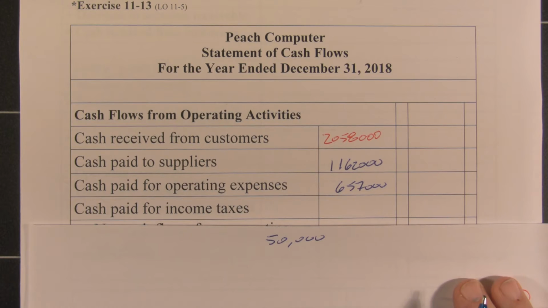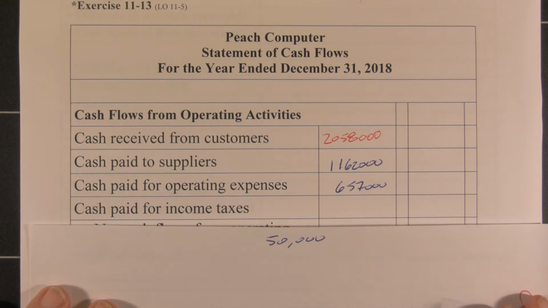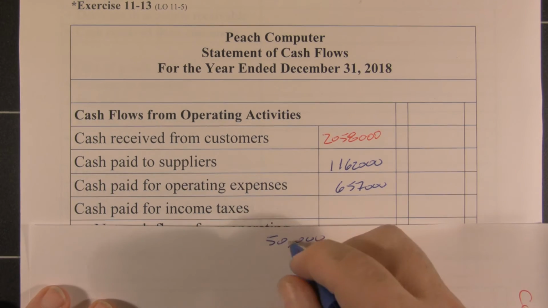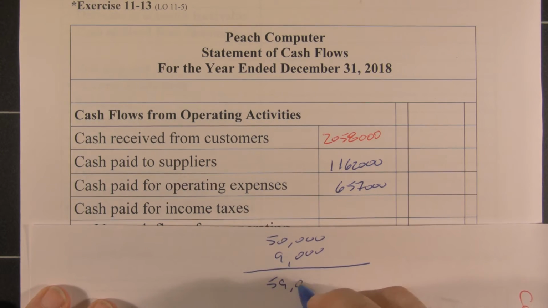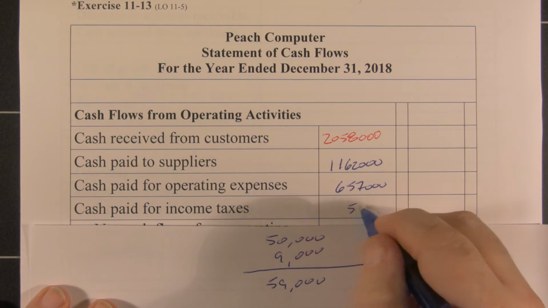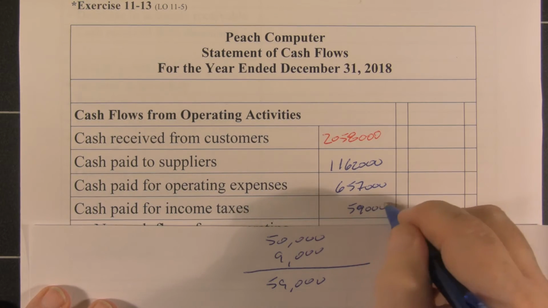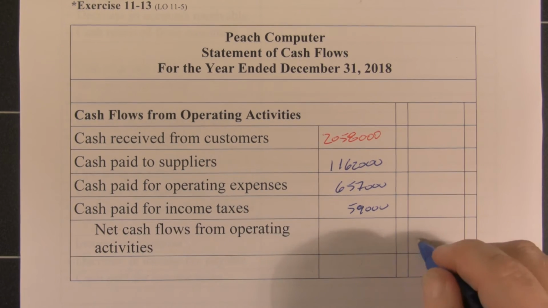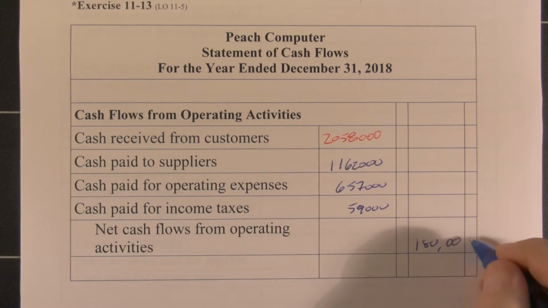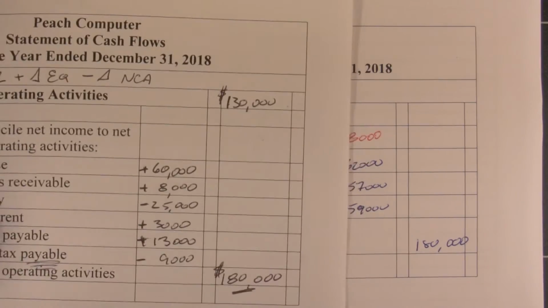And we also paid some of our tax payable, which went down. The only way tax payable goes down is if we paid it. So we spent $9,000 more in cash, and when you total those together, you come up with $59,000, which is exactly the same number.